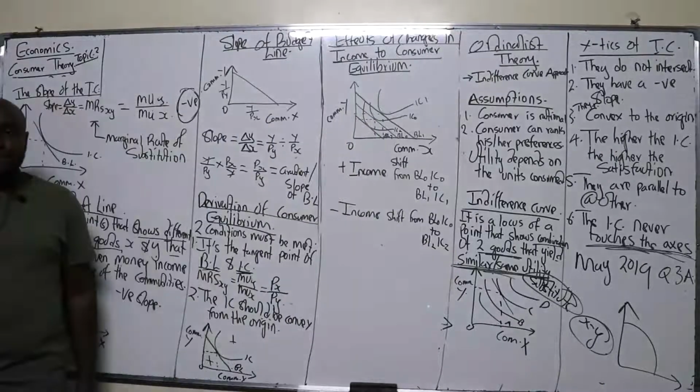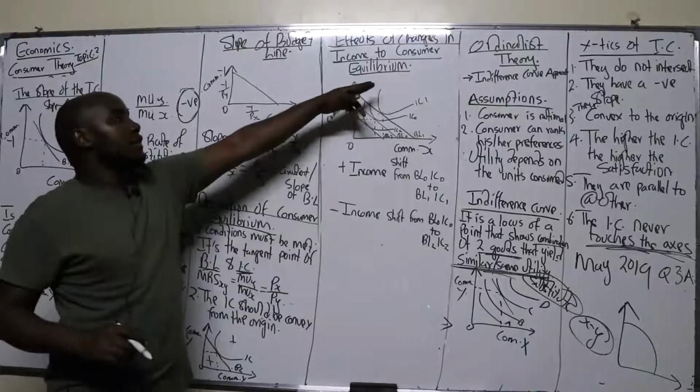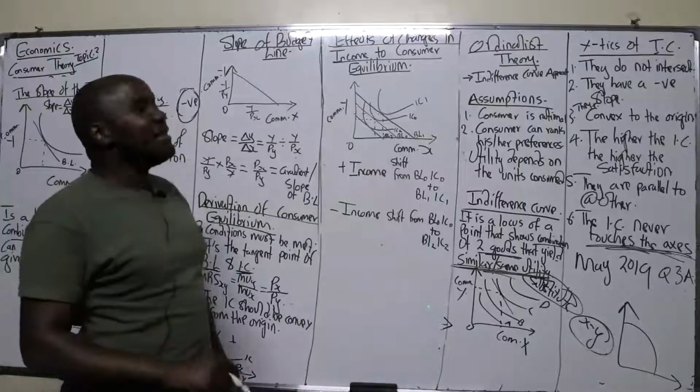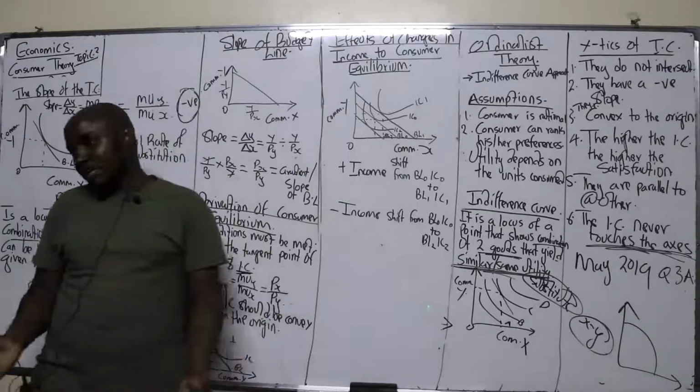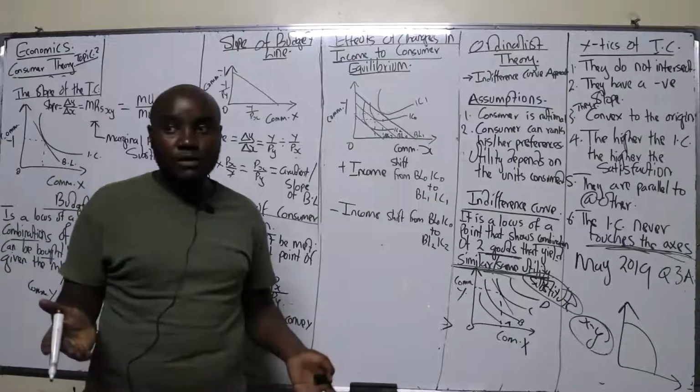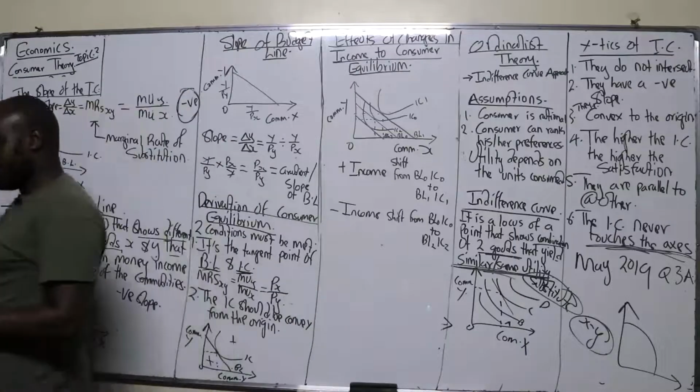This shows an increase of the income. The other one, there is a decrease in the income. Actually, it's similar to supply and demand. You can remember those concepts. Yes.